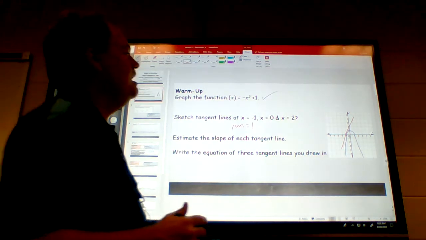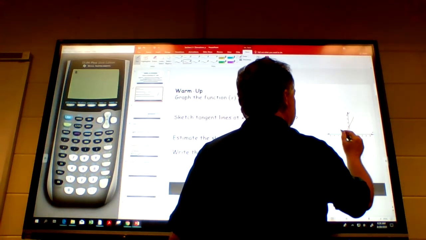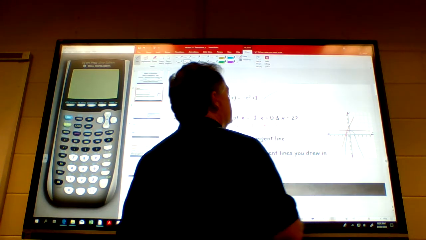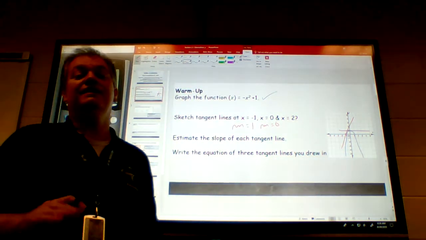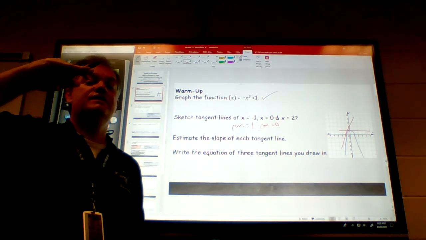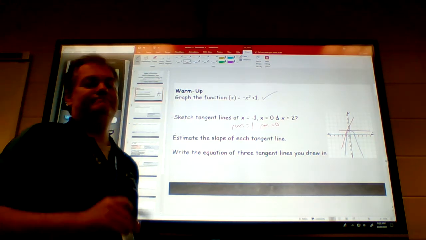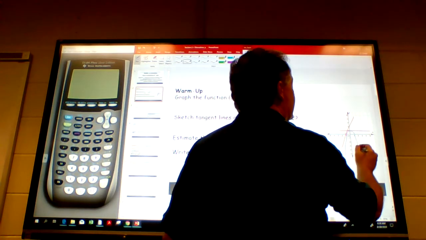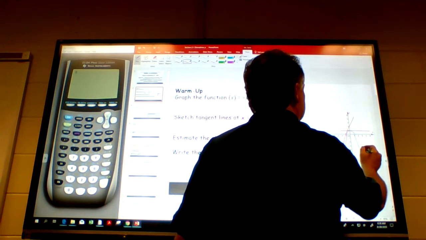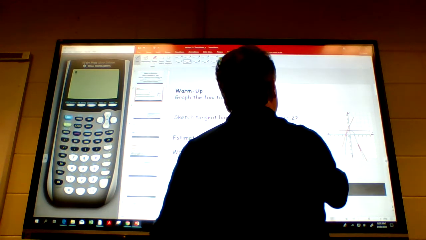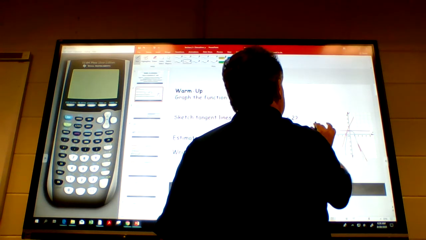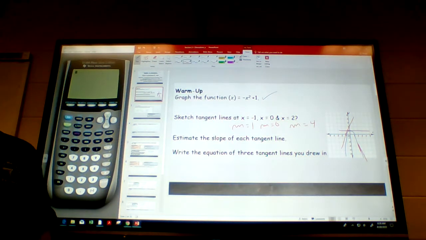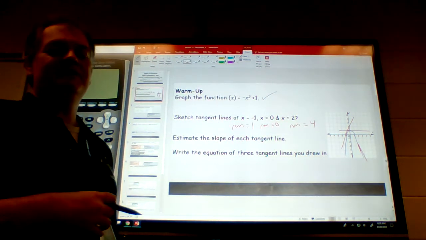Now, if I do the same thing at x equals 0, the slope's going to be 0 because it's a flat line, because the curve flattens, then it starts to go down. And then at x equals 2, way down here, the slope is +4. Now you can check that with the points there, but it's just something to get an estimate.